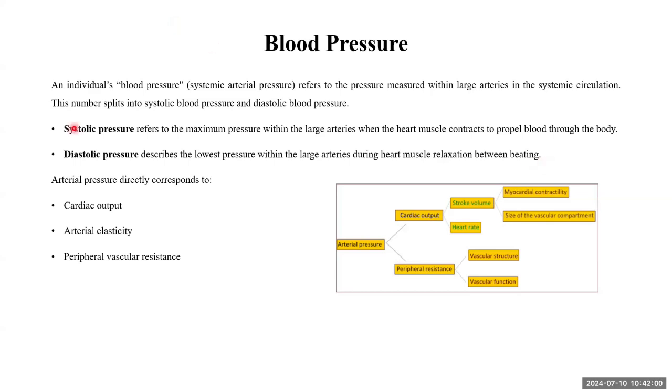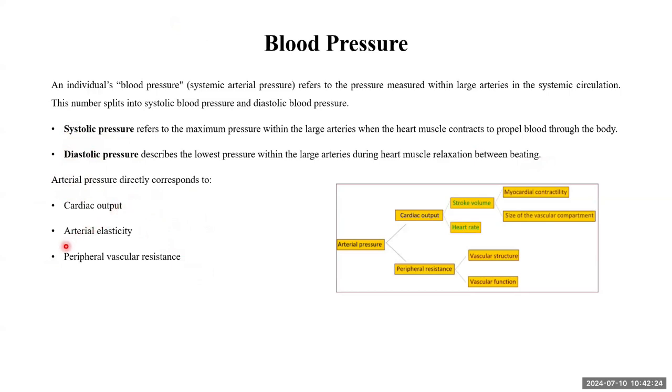So these are the systolic and diastolic blood pressure. Arterial pressure directly corresponds to cardiac output, arterial elasticity, and peripheral vascular resistance. These are the factors that count when we are talking about arterial pressure, or systolic pressure. Cardiac output means the amount of blood pumped by the heart in 1 minute.